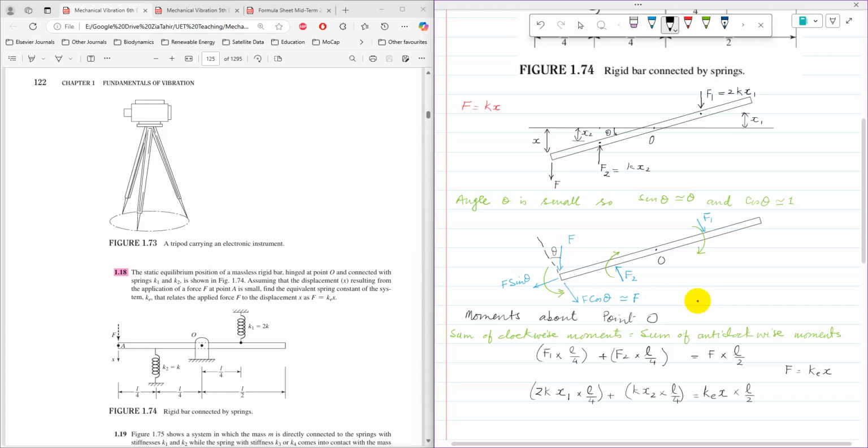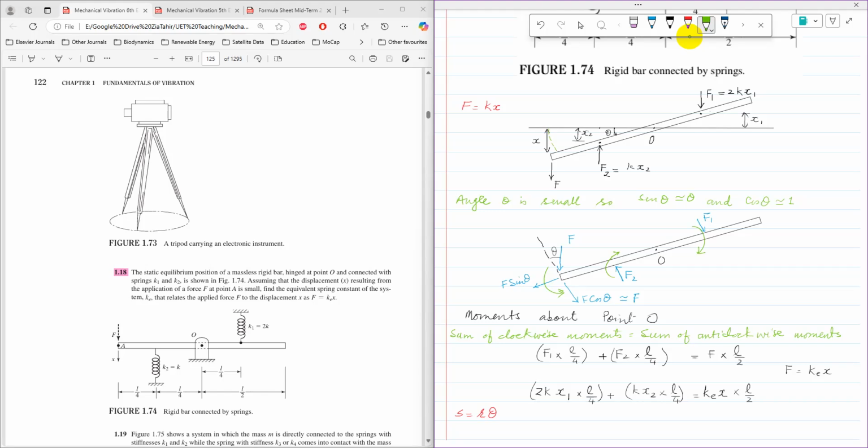Now these x values can be estimated using the rule S is equal to r theta, where r is the radius of rotation. So x1 can be estimated, although it is going to move in a curved form. So S is equal to r theta, and again by assuming that we take its component in the vertical direction, which will be the cosine component, and cosine theta is equal to 1.